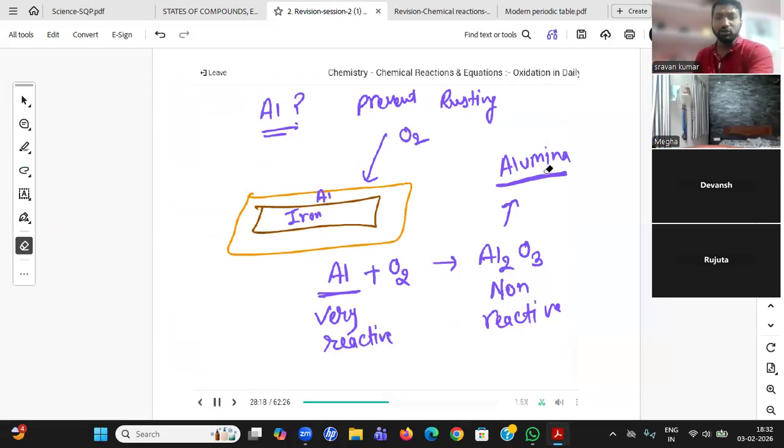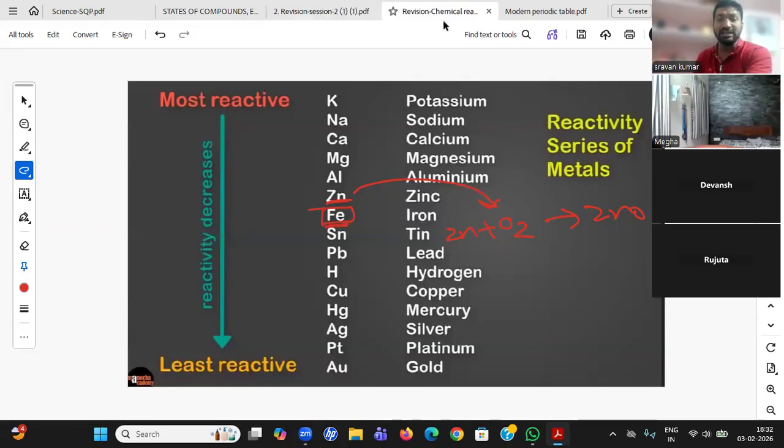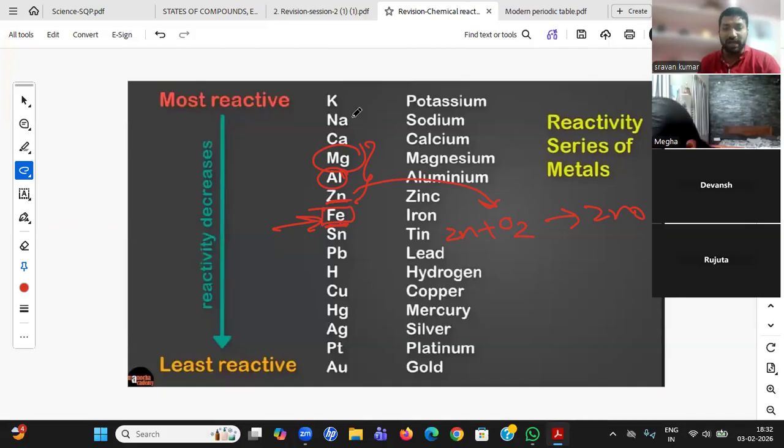One more thing. Now the question comes, sir, why only zinc? You see, aluminum is also more reactive than iron. Obviously, you can use aluminum also as a sacrificial metal. Can you use magnesium? Yes, you can use magnesium also as a sacrificial metal to preserve iron. You can use any of them. Can you use calcium, potassium, sodium?